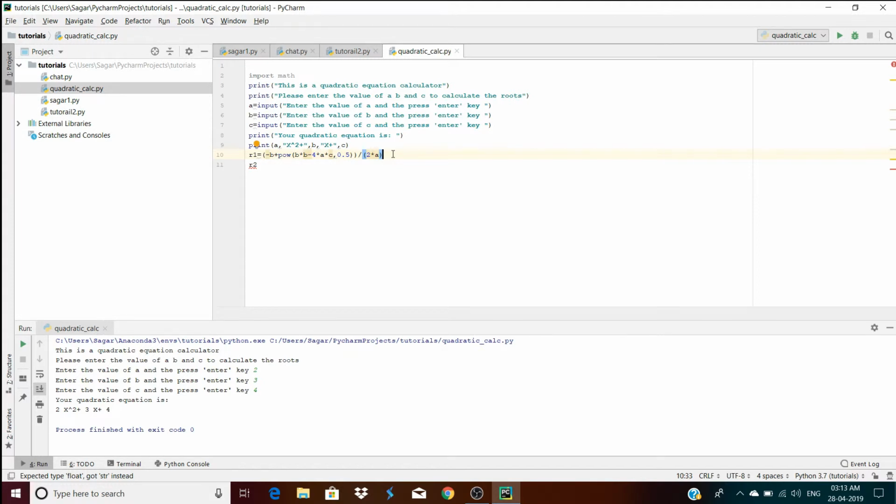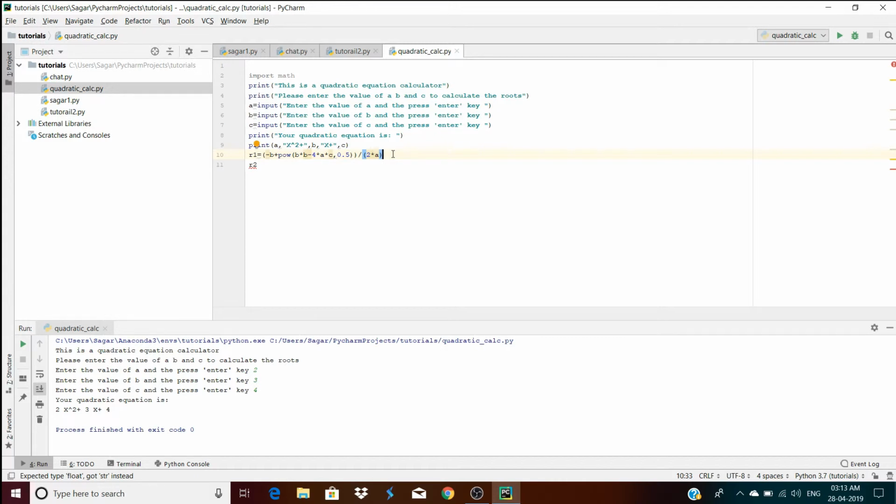This bracket is closed now, and just change this plus to minus. So we are done: minus b plus b square minus 4ac raised to 1 by 2, and then by 2a. Now our aim is to print r1 and r2.